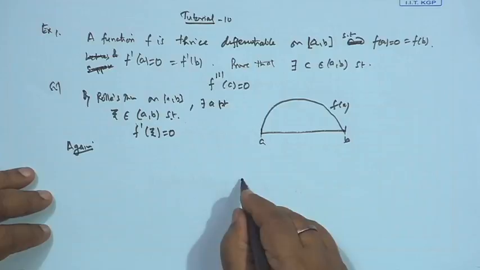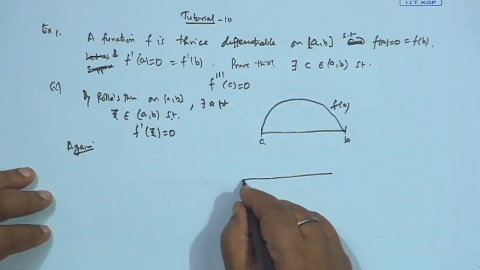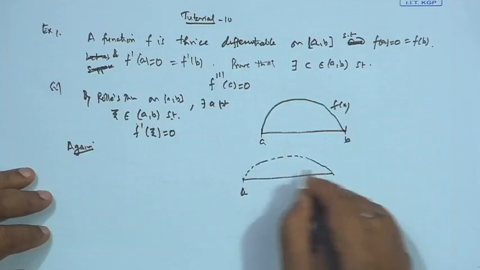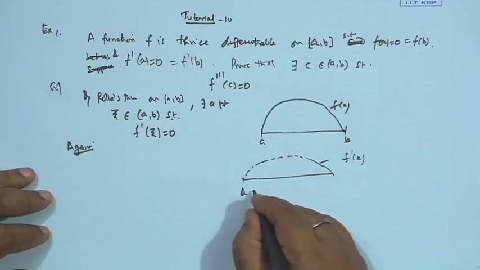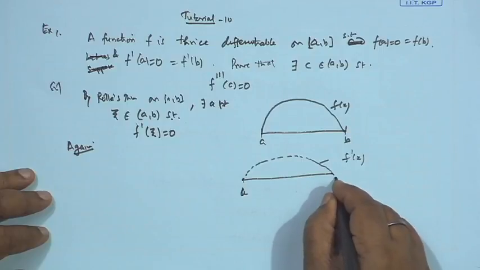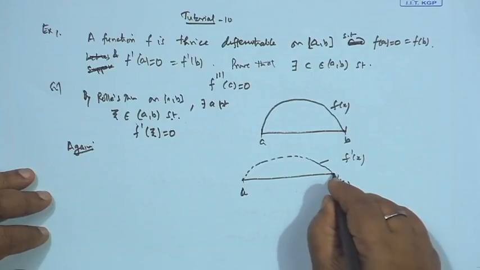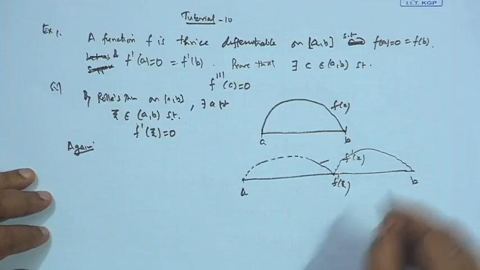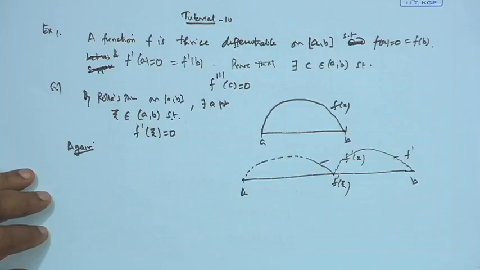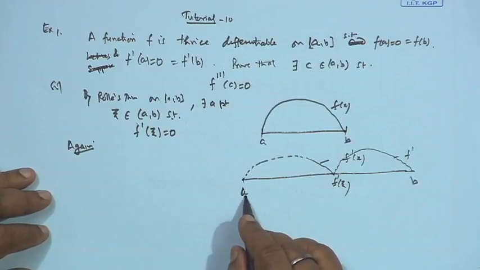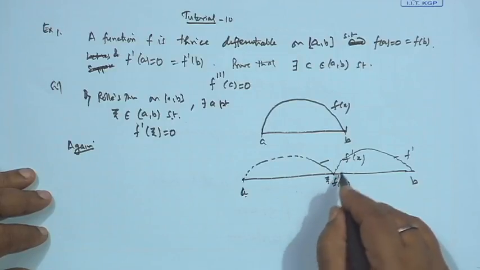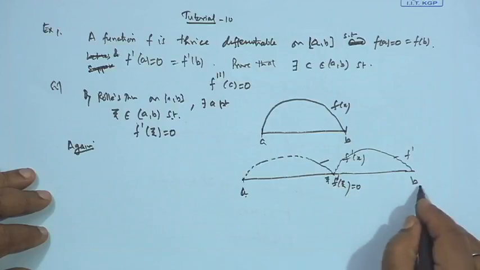Now, again, it is given that f'(a) is 0. This is the f' function: f'(a) is 0, f'(xi) is 0, and f'(b) is also 0. So, the function is vanishing at the point a, at the point xi, and at the point b.